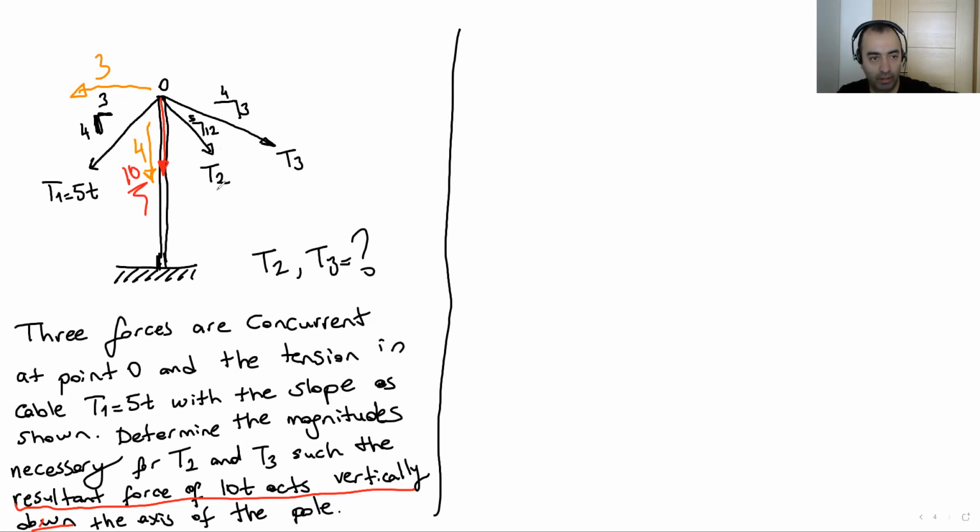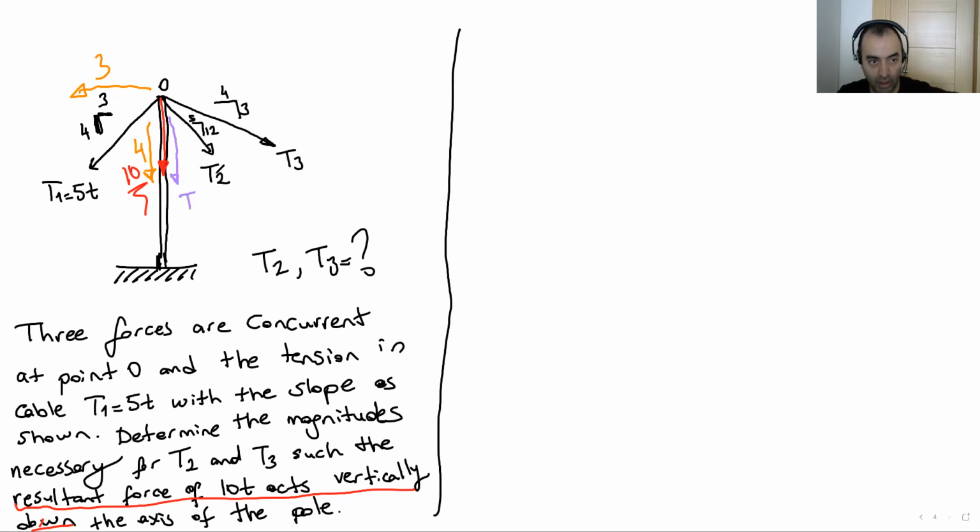Let's change color, purple. What do we have in T2? 5, 12, 13. So we can do this. How can we calculate this component?